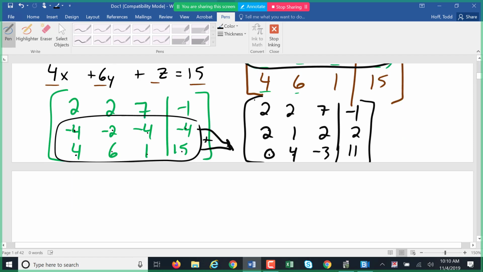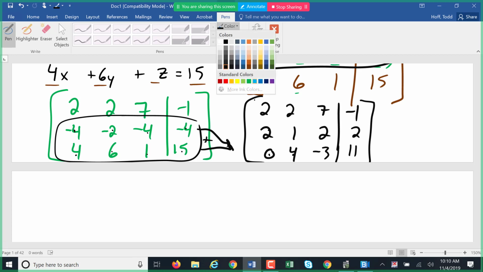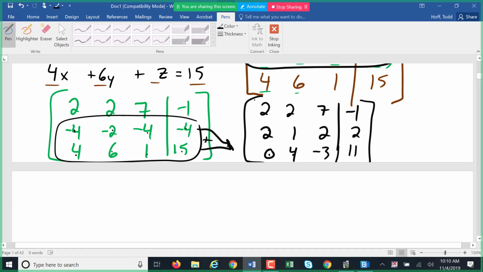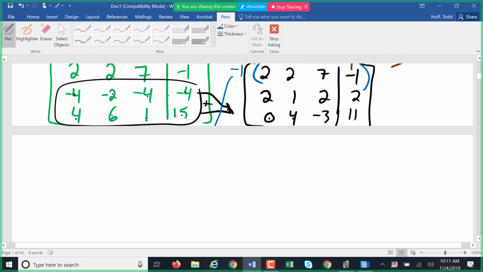So now I'm going to multiply the top row by negative 1 this time. That's going to give me in that top row negative 2, negative 2, negative 7, and positive 1. Everything else is going to stay the same.